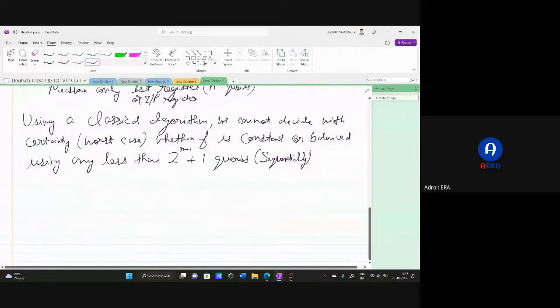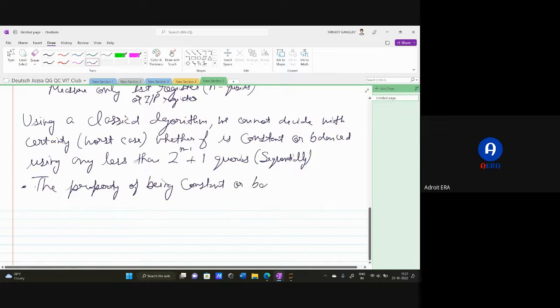So that means the property of being constant or balanced is a global property of f.